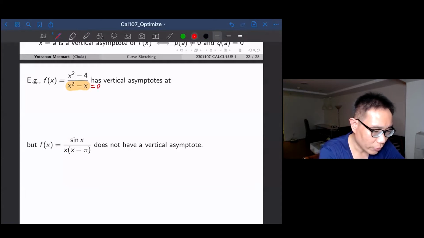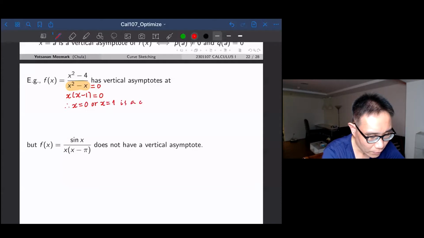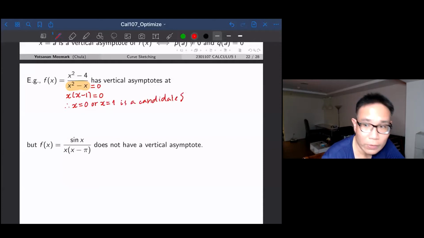So you have x times (x minus 1) equal to 0. You solve for x and get x equal to 0 or x equal to 1. So these are candidates for vertical asymptote. I'm going to just write down v for vertical asymptote.